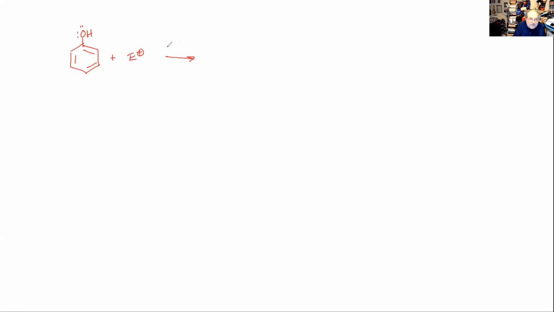So let's say I said, go ahead and add the E plus to the ortho position of this ring and then write all of the possible intermediate resonance structures. So what we would do is we already have a hydrogen here, so we would take this pair of electrons and add the E plus to it.